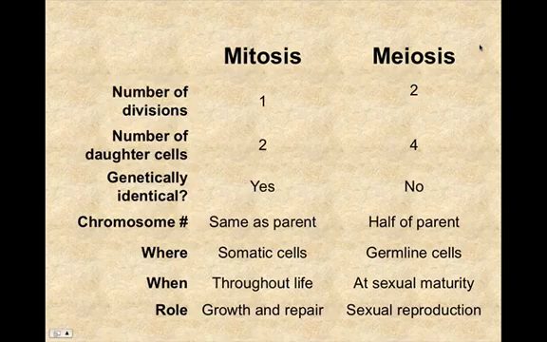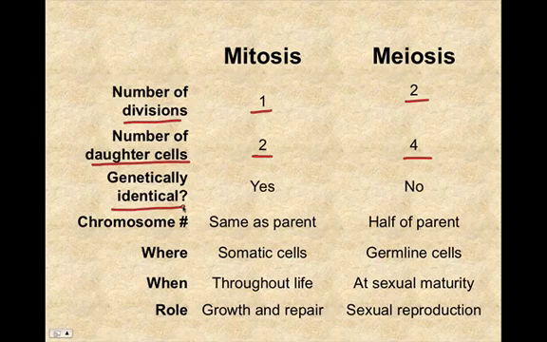And this particular chart just compares mitosis and meiosis as far as how the two are different. So if we look at it in detail, the number of divisions in mitosis we have 1, in meiosis we have 2. In the very end, when we start with one cell, the end result is 2 daughter cells in mitosis and 4 in meiosis.